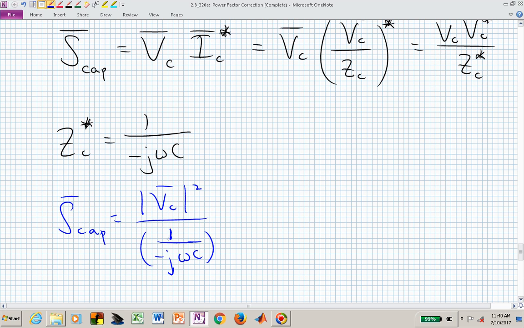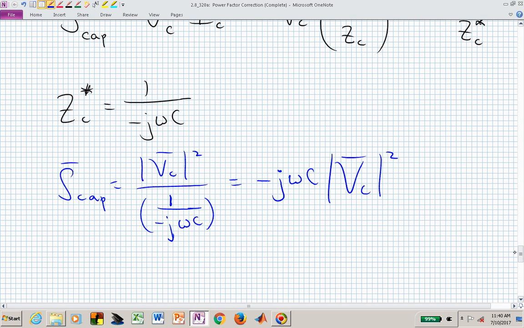That's just V sub C magnitude squared over the complex conjugate of our capacitor's impedance. But now that denominator jumps upstairs, and we have a formula for the complex power of our capacitor, which we're assuming is an ideal capacitor that doesn't have any resistance. We now have minus j omega c times the magnitude of our capacitor's voltage squared.